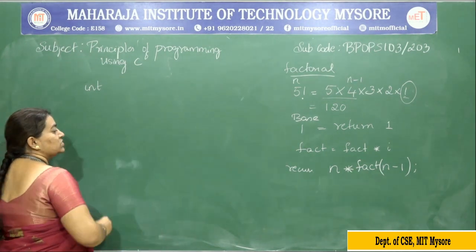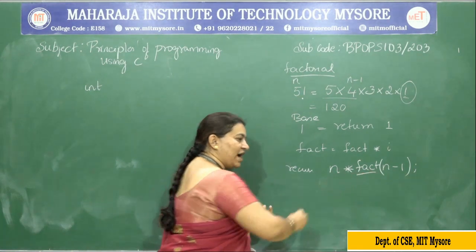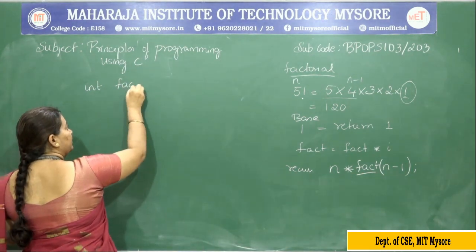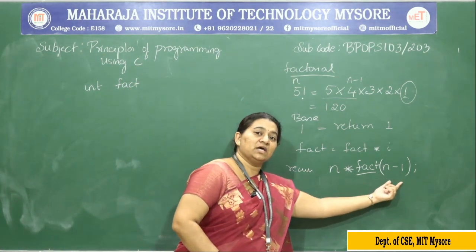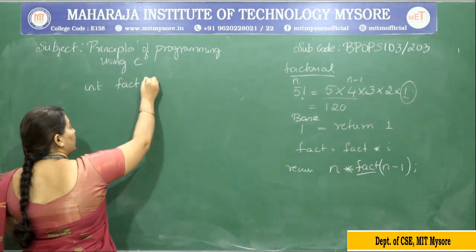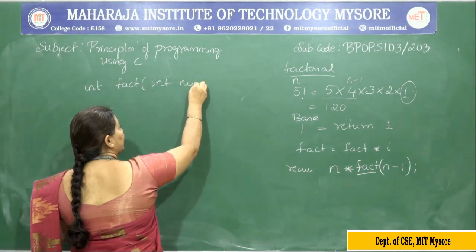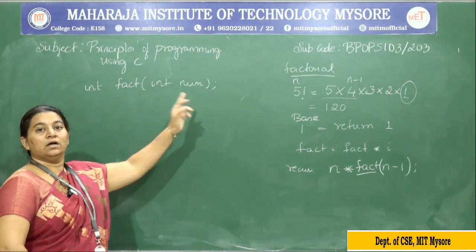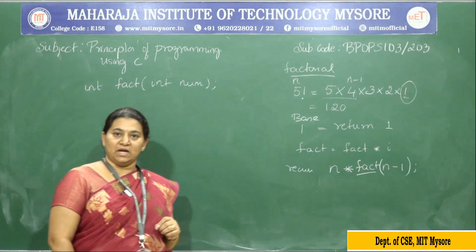Next I am going to give a name to that function, and I will use the name fact. Next, is my function taking a parameter? Yes, it is going to take a parameter, and this parameter is nothing but my number, which I am going to send through the main function.